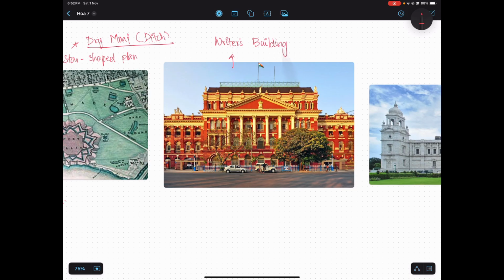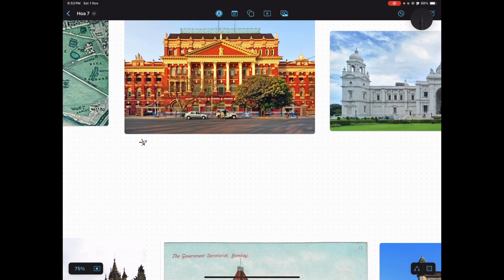Writers Building, this was designed by Thomas Lyon or Lyne. So it was the dwelling place for the writers of the East India Company.